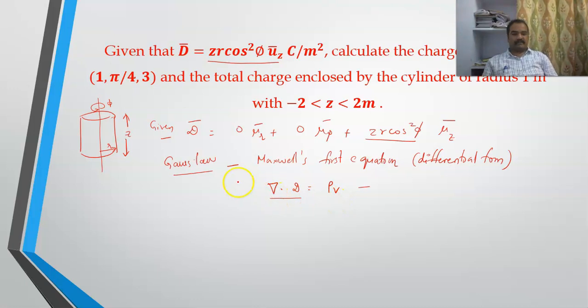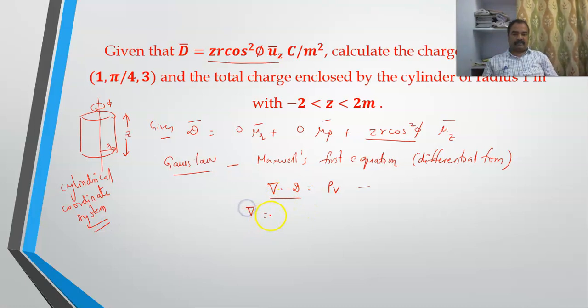Since this is the cylindrical coordinate system, what is the del vector? Del vector is very simple.